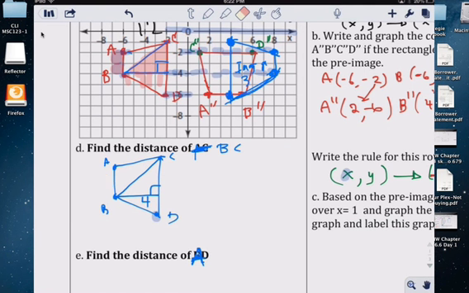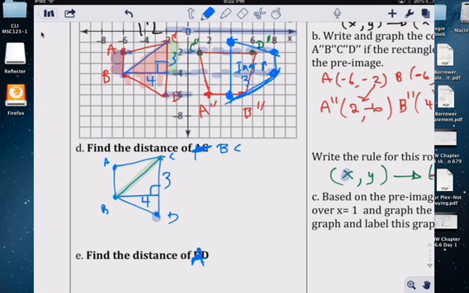This 2 is insignificant for right now. Okay. That's 4. And then sideways it's 1, 2, 3. So this is 3. Okay, so this way we can find this length right here. That's the goal.